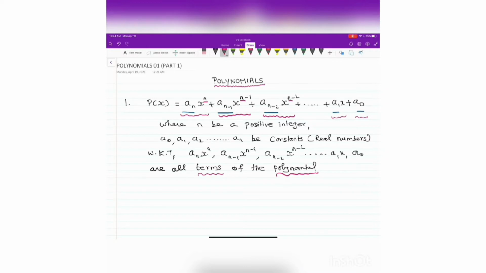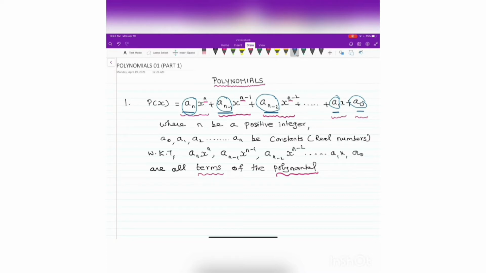Then, if you see an, an minus 1, an minus 2, a1, a naught, they are all their respective coefficients.